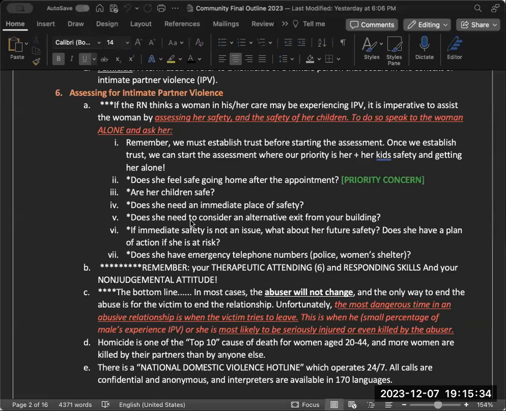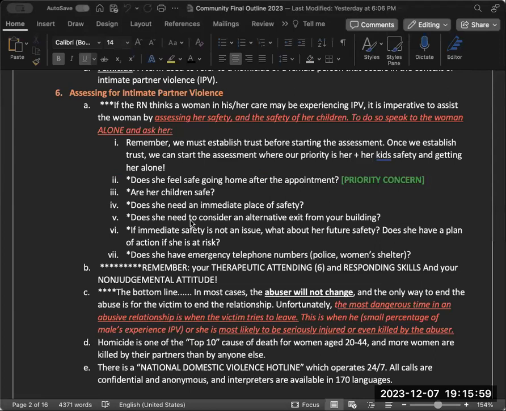So we want to speak to the woman alone, and we need to get her alone because, sometimes in those situations, the partner does not want you to speak because they don't want you to share anything that might be incriminating of what they do at home. So we want to make sure we can assess their safety and get them alone. That's the priority. But remember, Dr. D said before we assess, the priority is establishing trust.